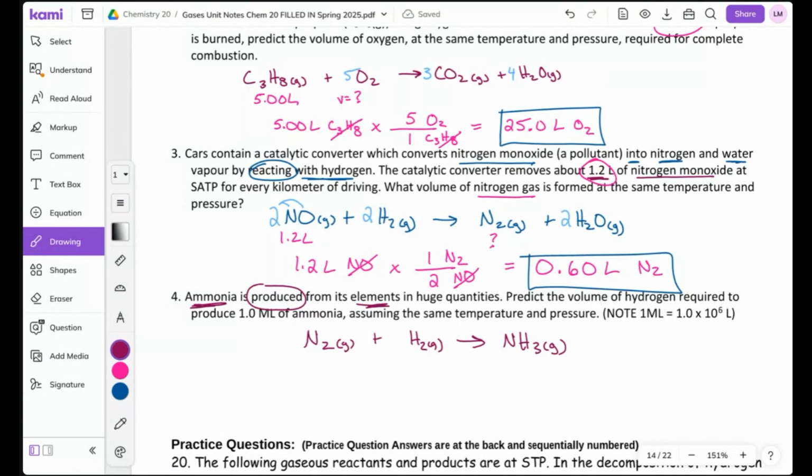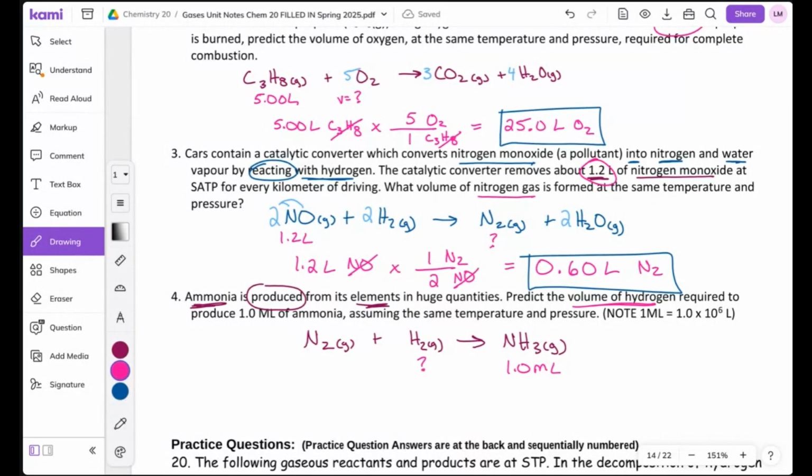Okay, so predict the volume of hydrogen required to produce 1 megaliter of ammonia, assuming same temperature and pressure. And then note 1 megaliter is equal to 1.0 times 10 to the power 6 liters, or in other words, 1 million liters.